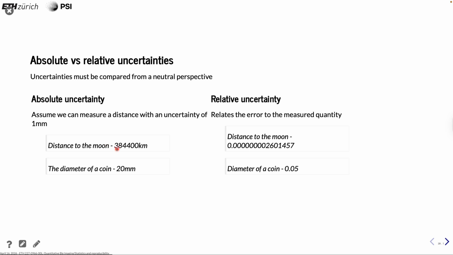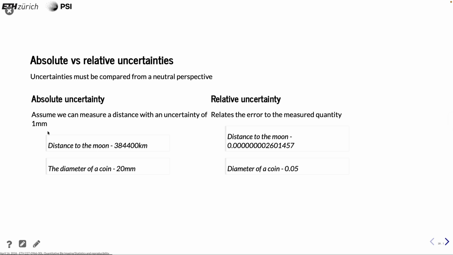So the distance to the moon is many kilometers, and the diameter of a coin is just some few tens of millimeters, and that doesn't really give a relation to how uncertain we are. But looking at the relative uncertainty, we can see how many places behind the zero we are. Yeah, many. And on the diameter of a coin, we have 5% uncertainty given this millimeter.